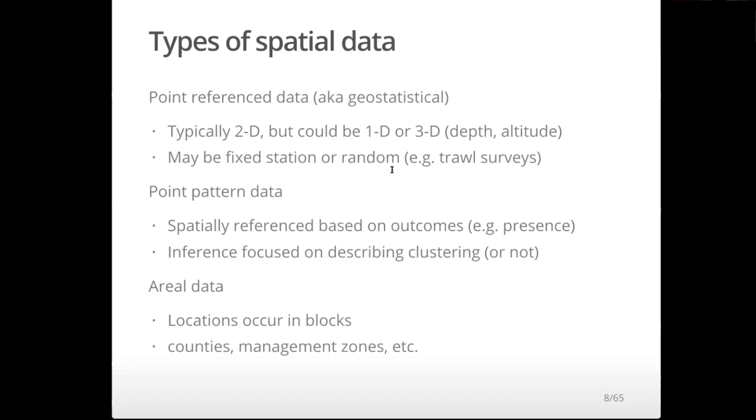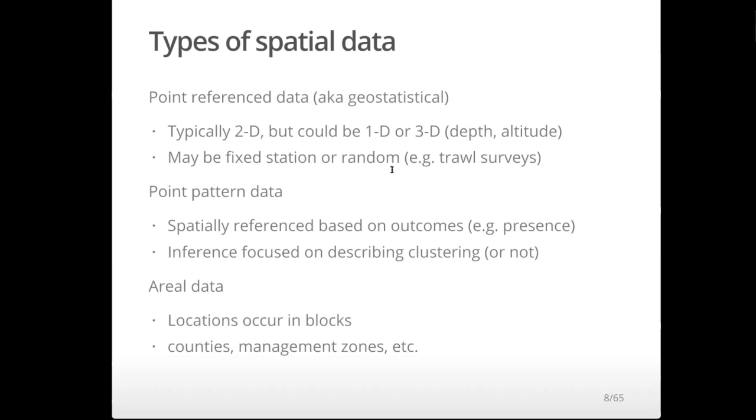The second kind of data are what are referred to as point pattern data. I'm just going to distinguish the geostatistical data from the point pattern data in saying that the point pattern data don't necessarily have an observation that's associated with them. So these are just locations.